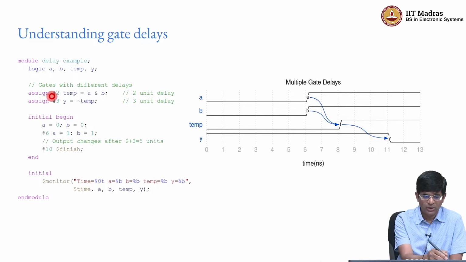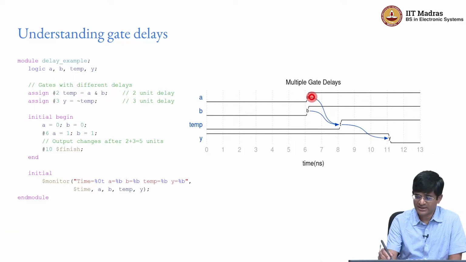Now, look at this assignment statement. What it said was, if a and b changed, after 2 nanoseconds temp should change. And that is what we see in this diagram, right, 2 nanoseconds later, and that is why these arrows are showing that there is a causal dependency. The fact that a and b changed over here is what is causing an update in temp at this point, okay.